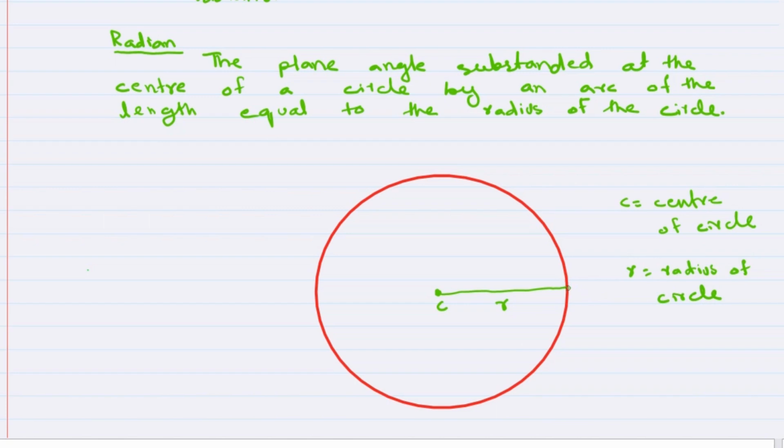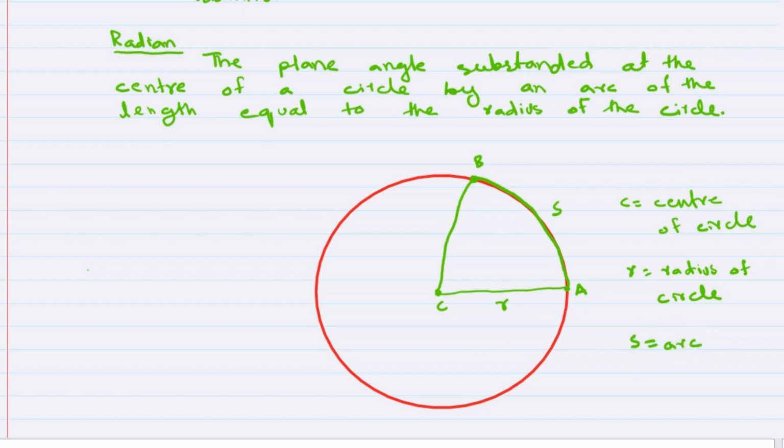Now if this is the point A, and if I start moving from point A anti-clockwise along this circle, I am subtending an angle and I reach the point B. Now we have this AB is the arc denoted by S. So S is the arc length.